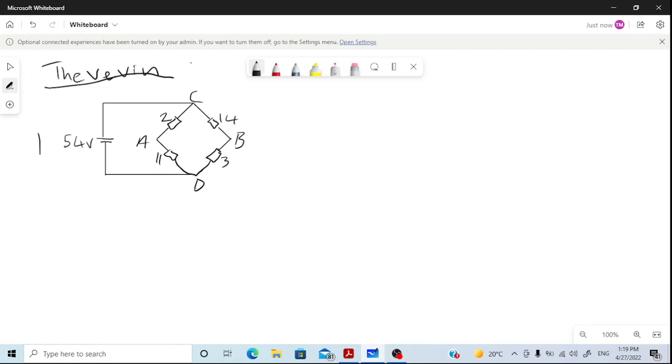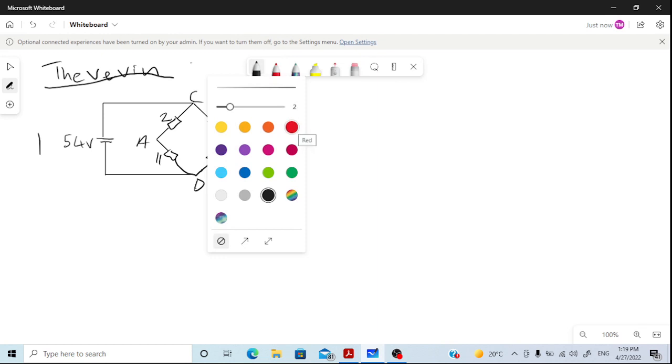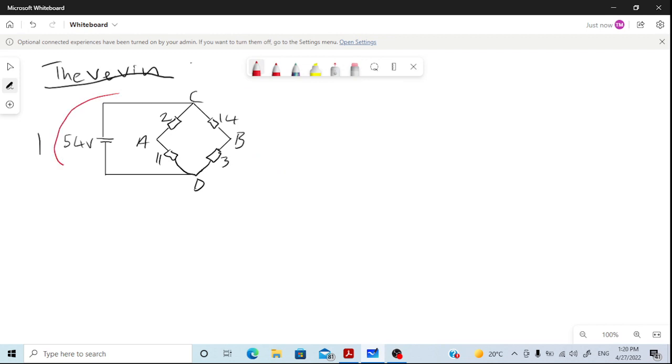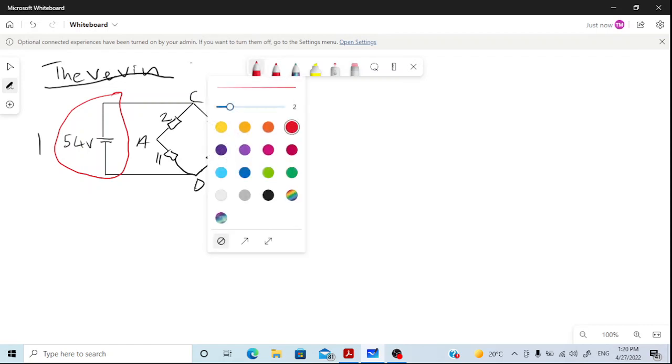Okay, step number two, you need to remove any other sources. In this case it's our voltage source. Replace it with its internal resistance if it is given. If it is not given, just assume it doesn't have one, so you basically replace it with a short circuit.